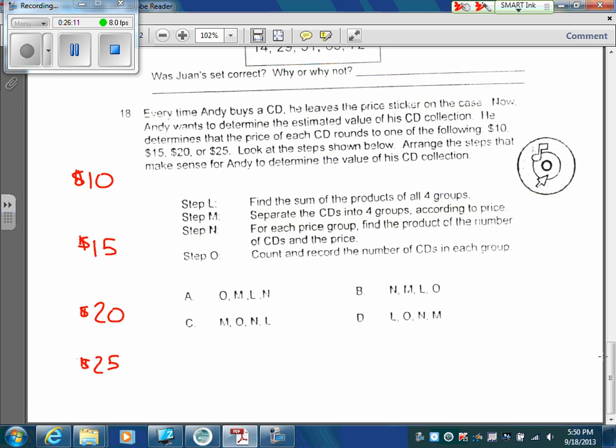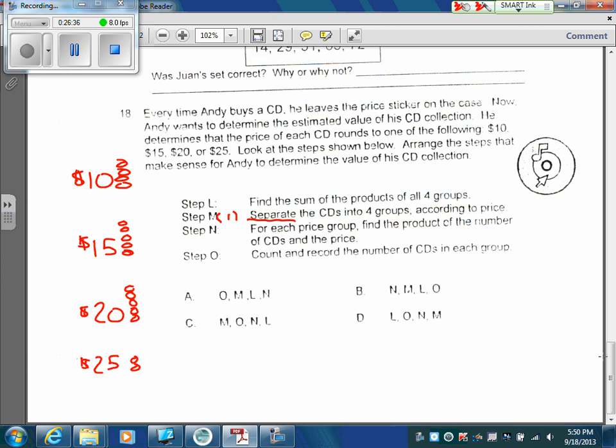I want stacks of these CDs so I know how much is in each one. Okay, let's say that there's that many in each one. We're just making that up. I need to stack them according to price. And so that's going to be step M. Step M, first, I've got to separate them and see what I've got and what I'm working with.